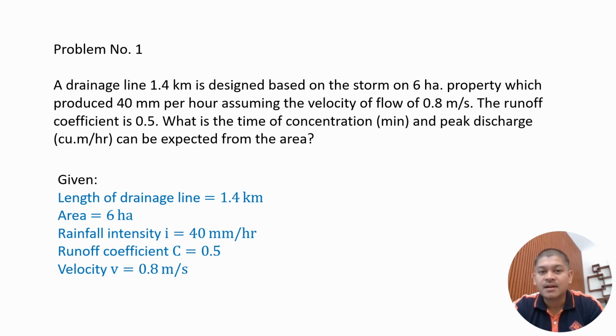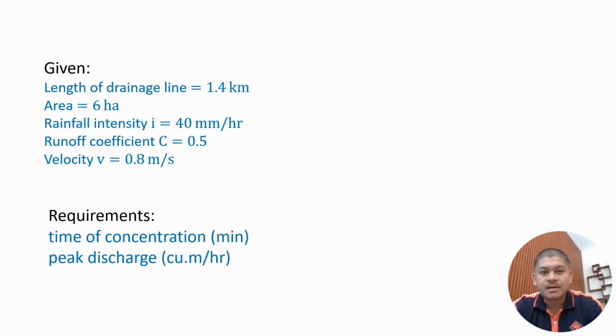The rainfall intensity I is 40 millimeters per hour, and the runoff coefficient is 0.5. Also, we have velocity V, 0.8 meters per second. Then we are asked to determine the two things, the time of concentration and the peak discharge. So these values help us engineers know how fast and how much water will flow during rainfall.